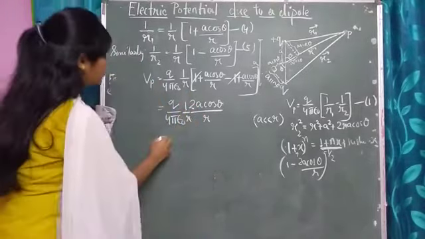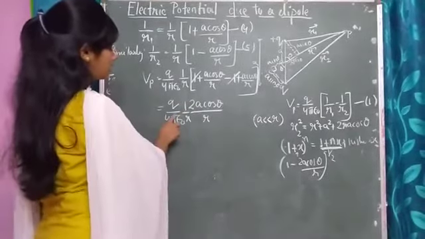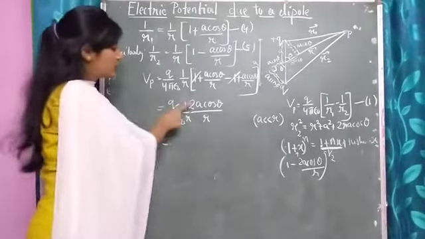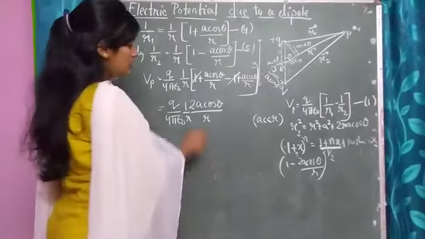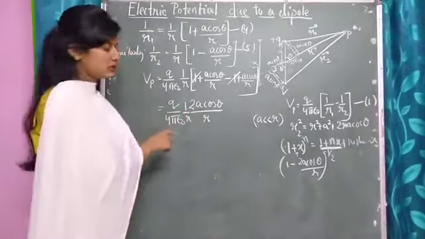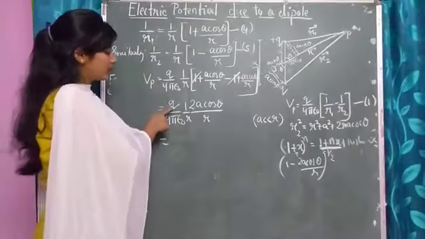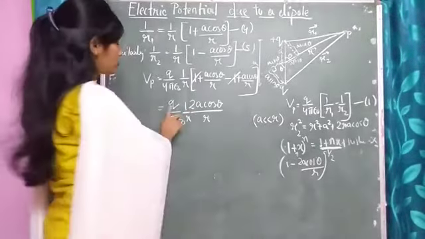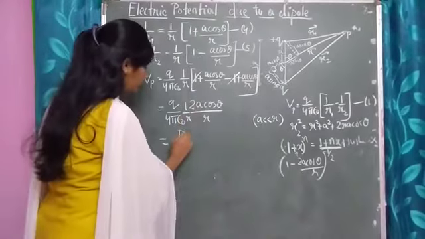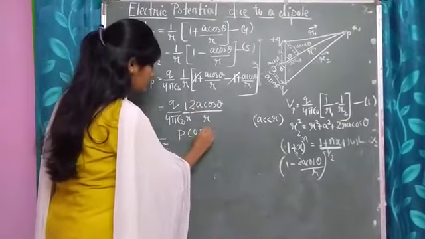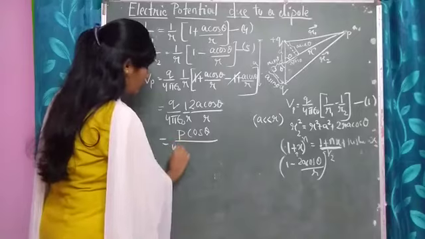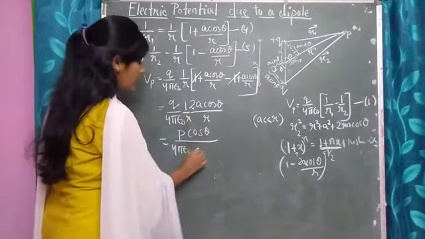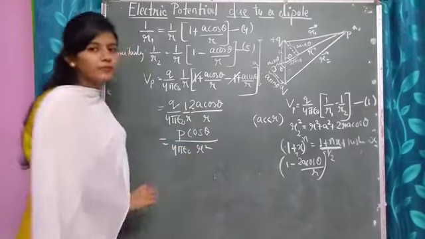Now I am getting the last expression. Q into 2a, we know the dipole moment is the magnitude of charge into the dipole length. So Q into 2a is P, giving P cos theta by 4 pi epsilon naught R square.